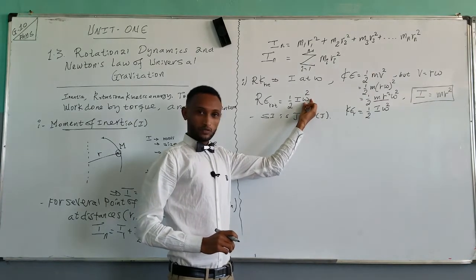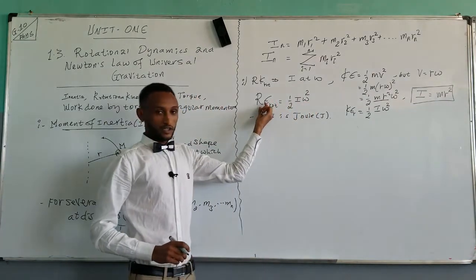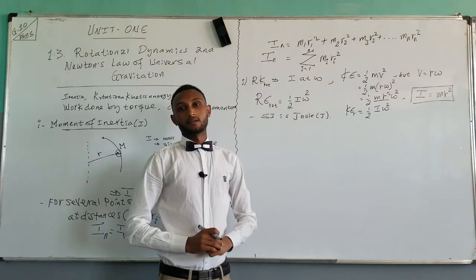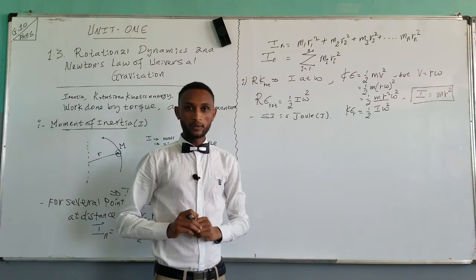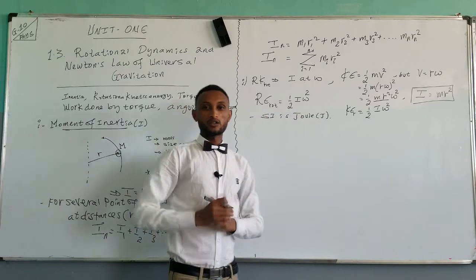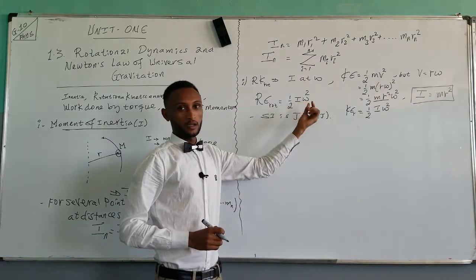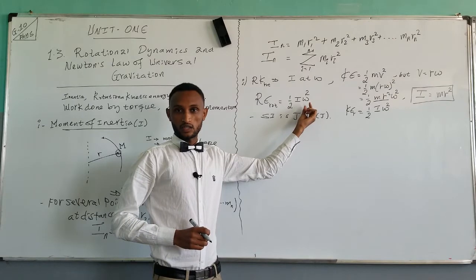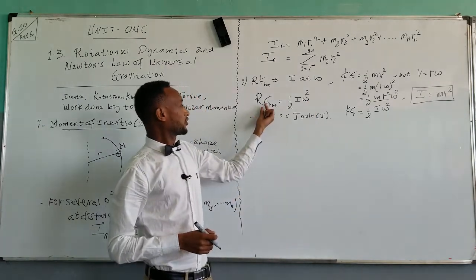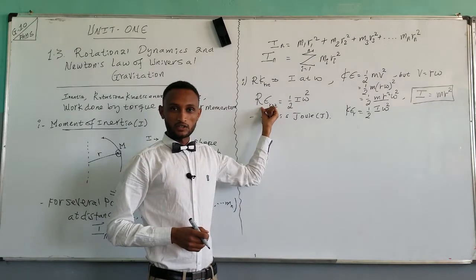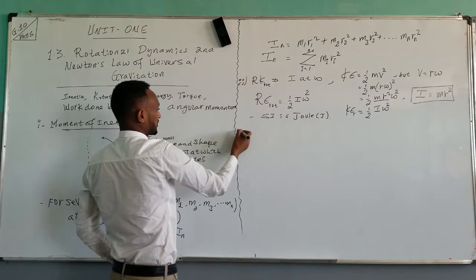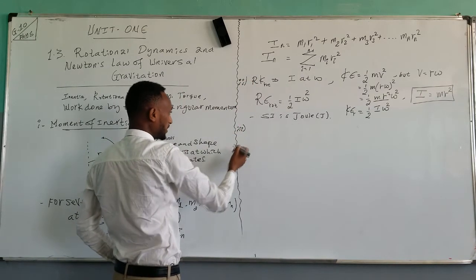If the angular velocity of the object increases, the rotational kinetic energy of the body also increases. For example, if the angular velocity of a body is doubled, the rotational kinetic energy is increased by 4, since it is squared. The third one is the torque.